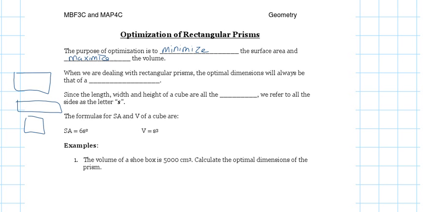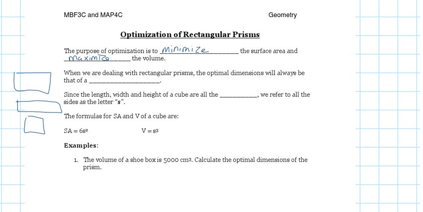So that's going to happen also when we're talking about 3D shapes, okay? If I have a rectangular prism, the square prism is the one that's going to give me my maximum volume, okay? Because the square is the one that gives you the maximum area.